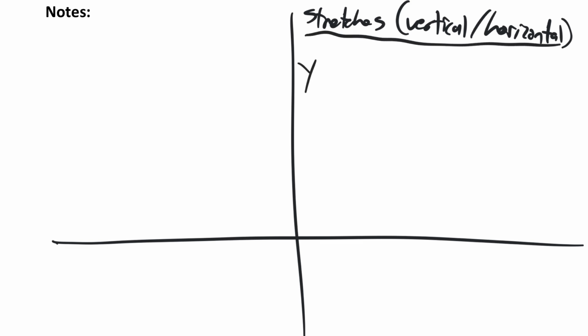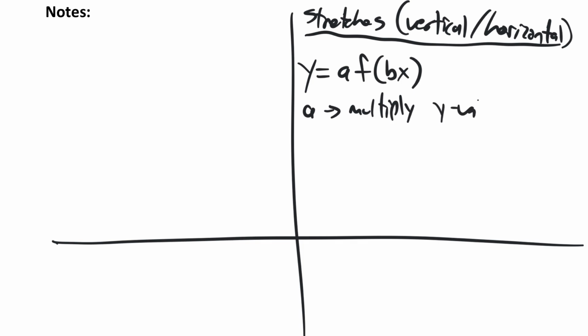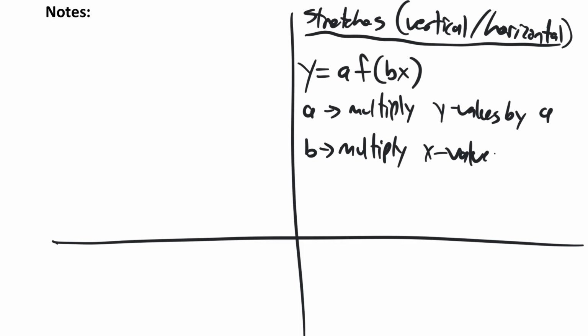And so if you have y equals a f(bx), a means you multiply y values by a, and the b means you multiply the x values by 1 over b.